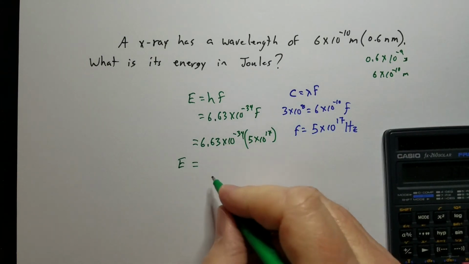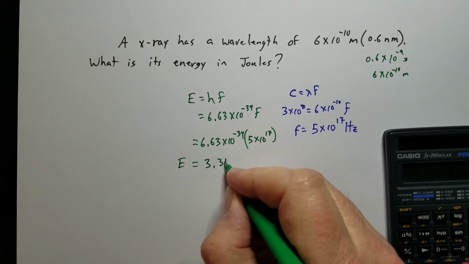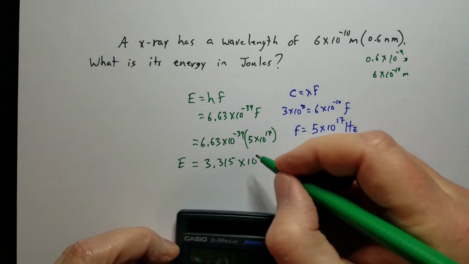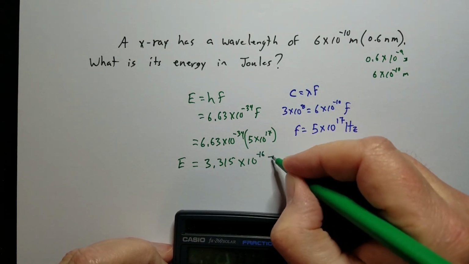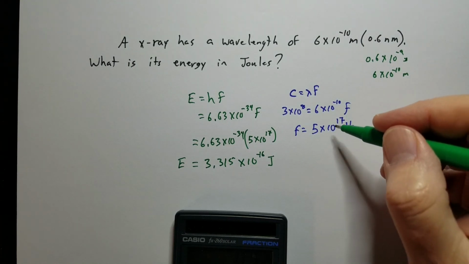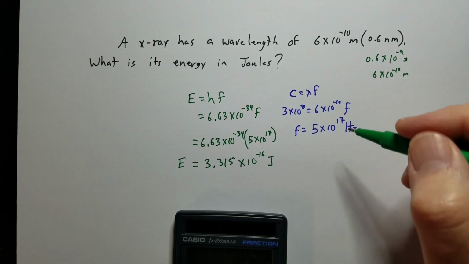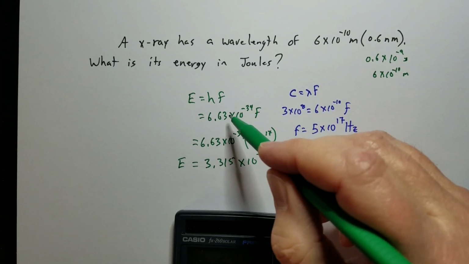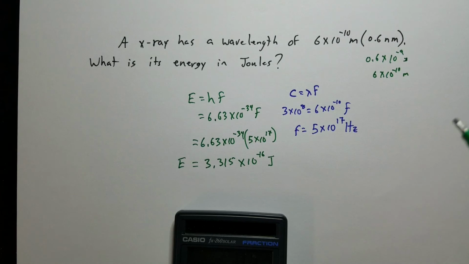Gives me an energy of 3.315 times 10 to the negative 16 joules. Now, since we know the frequency, we can also figure out the energy in electron volts. We would just have to do this calculation over again, except replacing that with the electron volt version of Planck's constant.